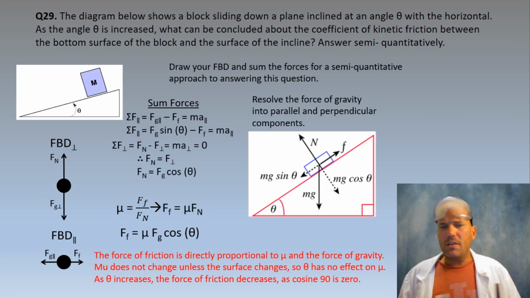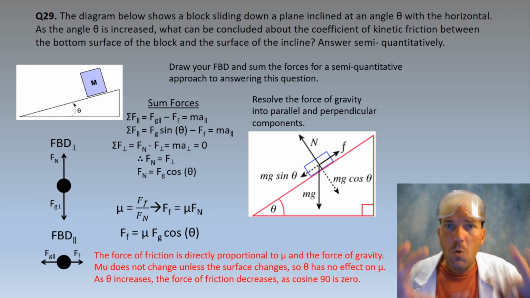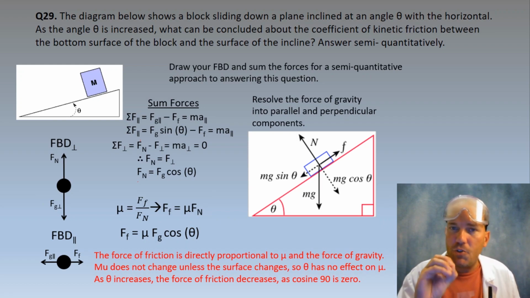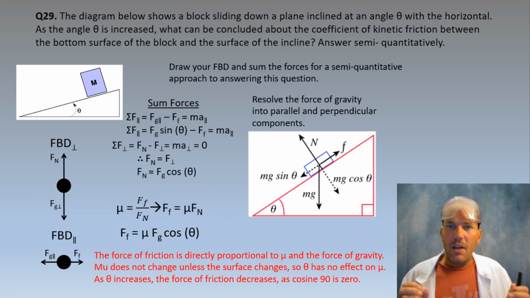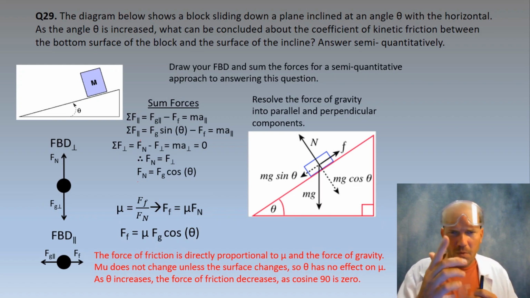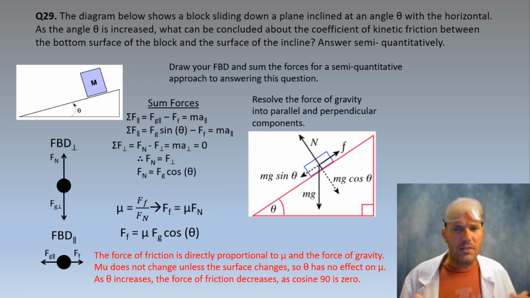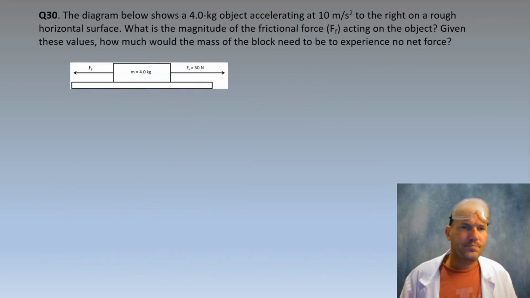So go back and look at that problem as well. And we can certainly look at this more in class if you would like, but you should have enough information here to make up numbers, use these equations, and prove it to yourself. But you do know cosine 90 is 0, so as that theta increases, we're getting smaller.